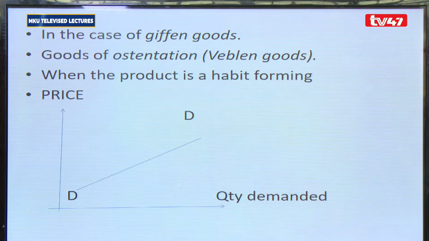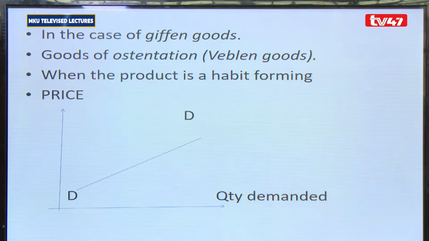That is one case. Then the other situation that would cause the consumer to behave not the way we expect, or against the law of demand, is where the product is what we call goods of ostentation, or Veblen goods. Goods that are bought for show off. We all know that there are people who will go to a very great extent to buy goods to impress other people.